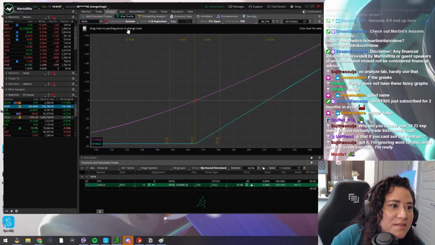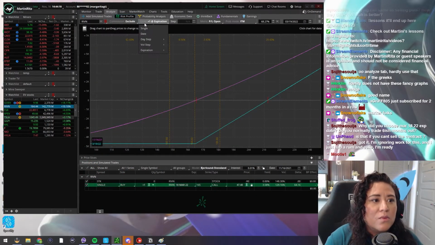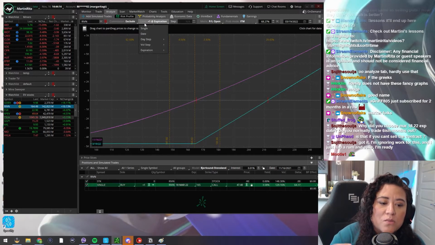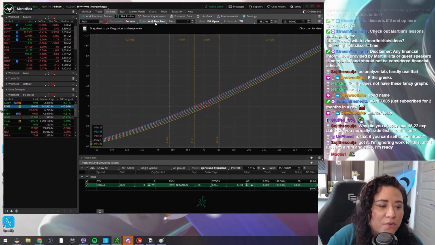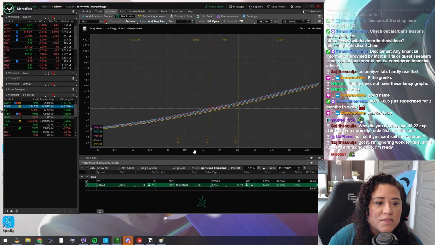So what happens as time goes on? Well, what's really cool about this tool is you can find out what happens to this option as time, volatility, expiration, and the date change. If we want to see what happens as time goes on, we can hit the day step. I hit four lines to represent the multiple days that can happen.